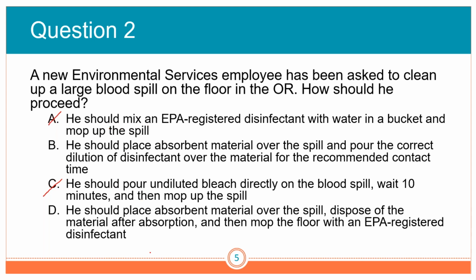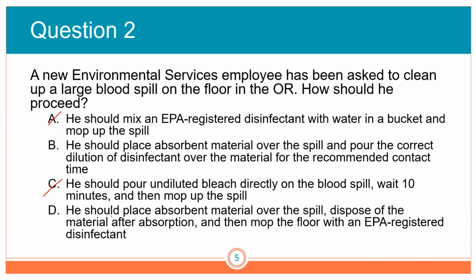Now, from these two answer choices, let's go ahead and read them again. So B, he should place absorbent material over the spill and pour the correct dilution of disinfectant over the material for the recommended contact time. D, he should place absorbent material over the spill, dispose of the material after absorption, and then mop the floor with an EPA-registered disinfectant. So with one of these, we are missing a really critical step.